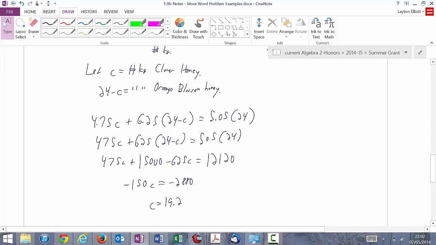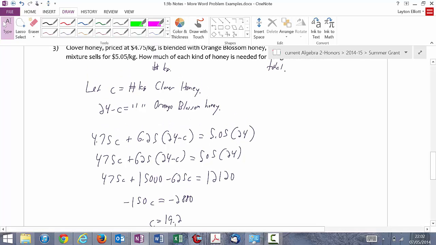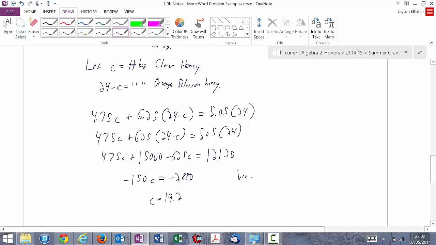So what this is telling us is, how much of each kind of honey? We need 19.2 kilograms of clover, and that would be 4.8 kilograms of orange blossom.